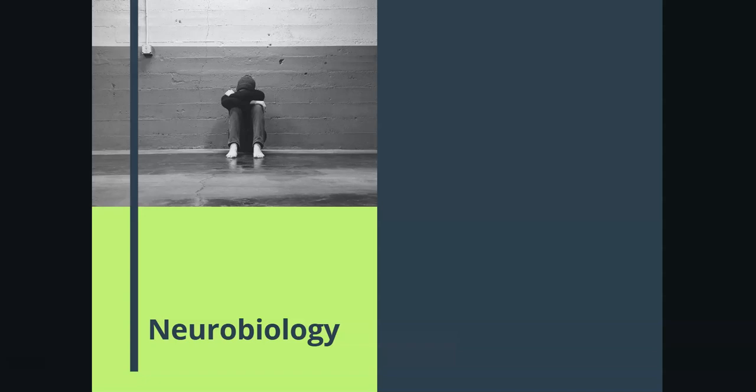So let's talk a little bit about the neurobiology of bipolar disorder. Neuroimaging studies using MRI techniques have revealed structural brain differences in individuals with bipolar disorder compared to those without. The amygdala, which plays a key role in emotional processing and regulation, often shows increased volume or hyperactivity during manic episodes.